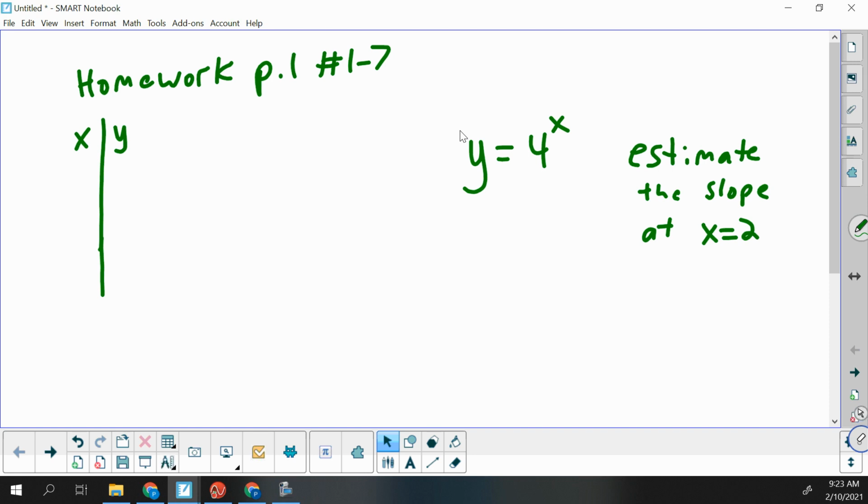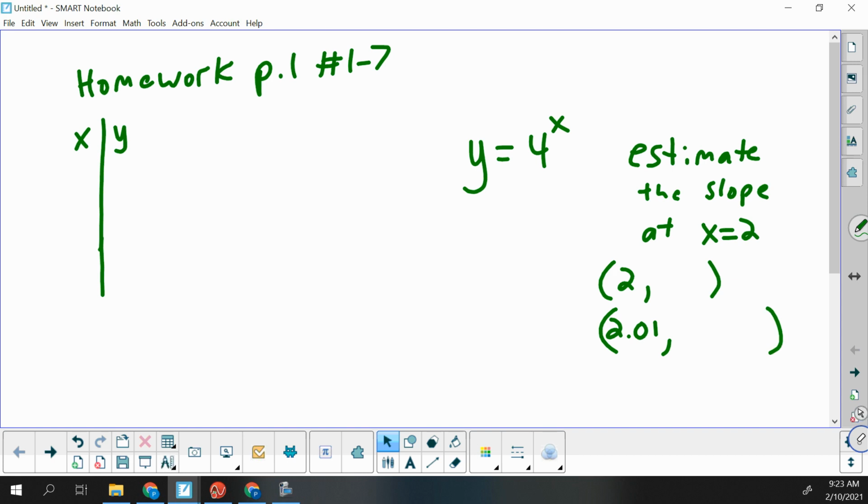The best that we can do right now is have 2 points, but have the second point be really close. So we're going to have 2 as one of our x values. And the technique we used is the other x value we wanted within 0.01. So if we add 0.01 to 2, we'll get 2.01.